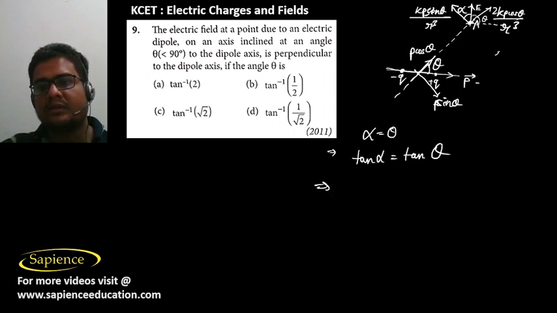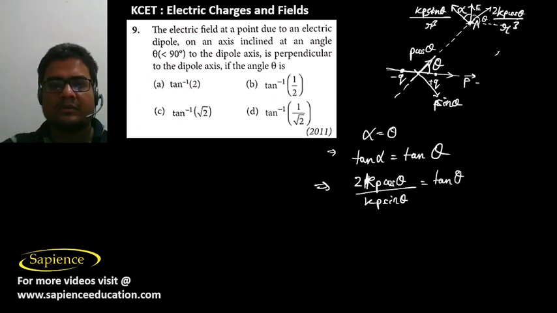Tan alpha will be E sin alpha by E cos alpha, that is kp sin theta over 2kp cos theta. kp and kp will cancel.